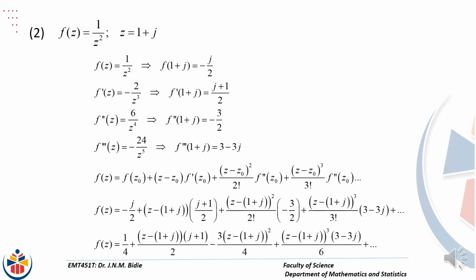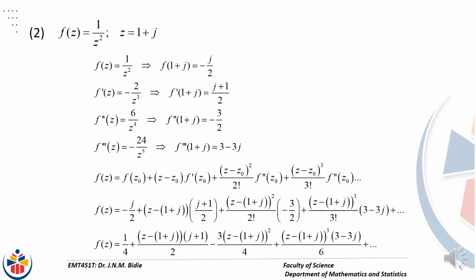Number 2, we got f of z equal to 1 over z squared, and we've got z naught equal to 1 plus j. Once again, into our f, we substitute z naught in and simplify. Note that for all our simplifications, we make sure that we do not have j in the denominator.